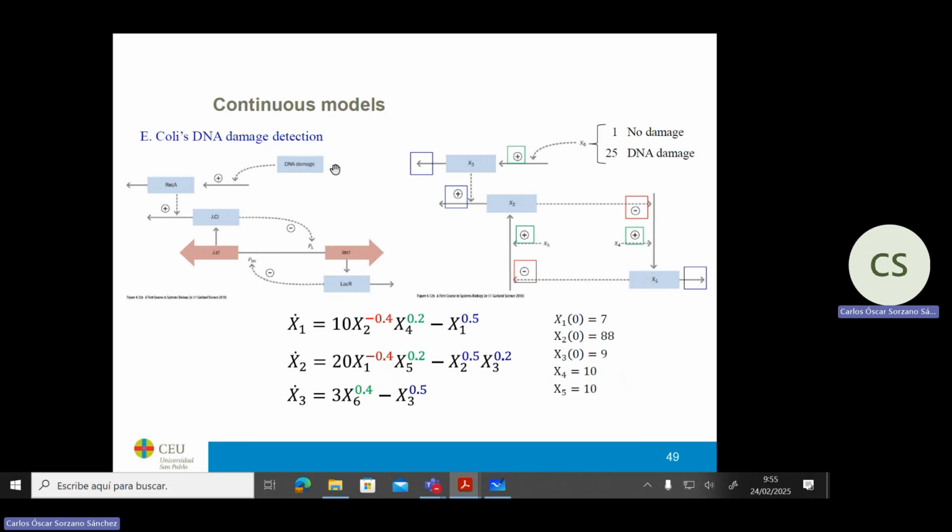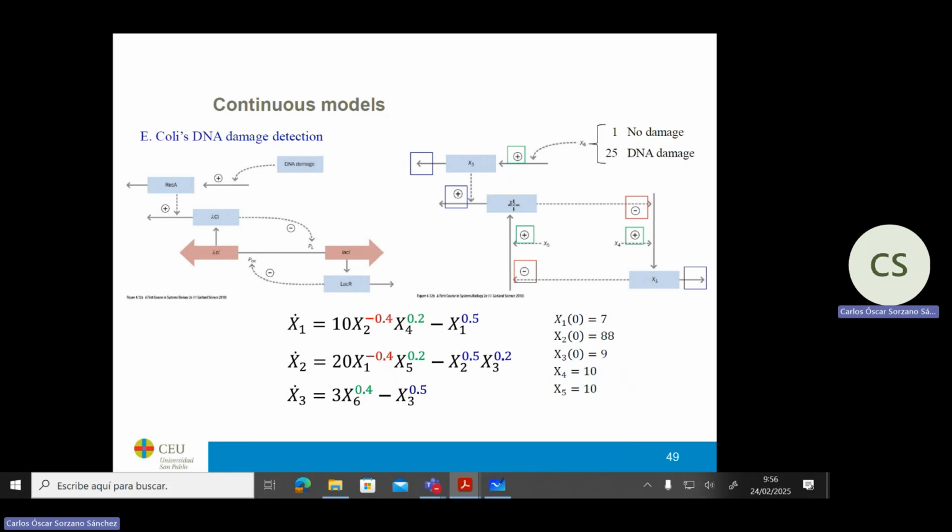For instance, there is a DNA damage, and when there is the DNA damage, it promotes the expression of RecA, and then RecA promotes this branch, and also increases this one, and then this one decreases or inhibits these two genes, and so you have a relationship between all those species.